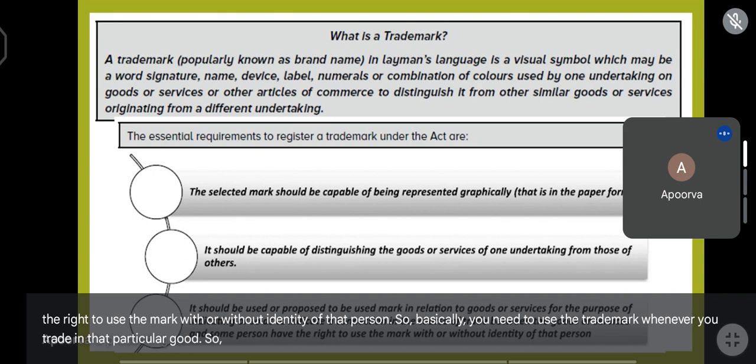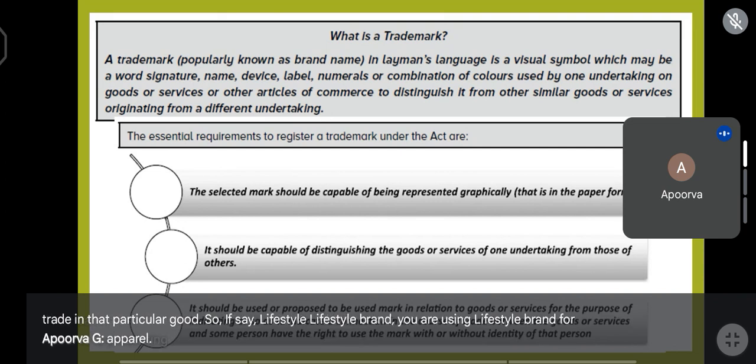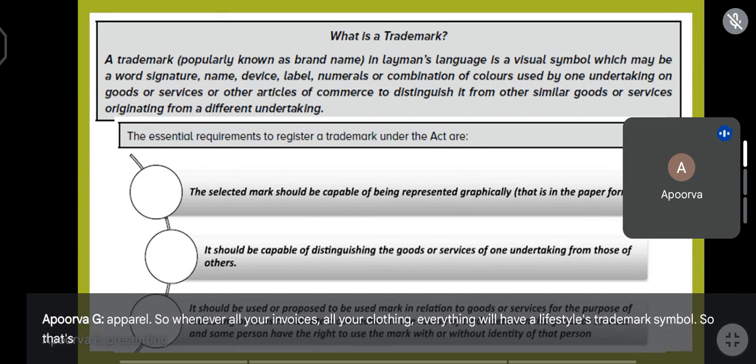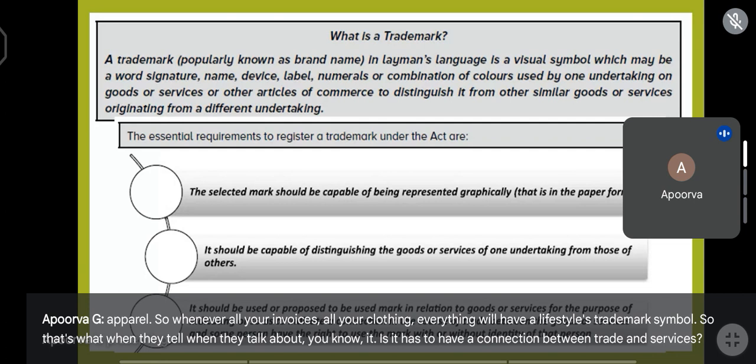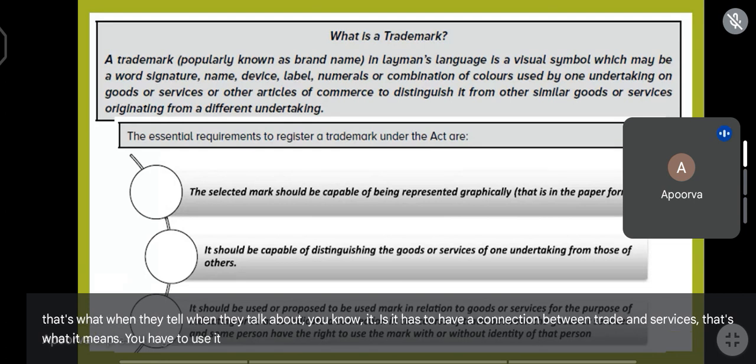If you're using the Lifestyle brand for apparel, all your invoices and all your clothing will have the Lifestyle trademark symbol. That's what it means: you have to use it in your trade and services.